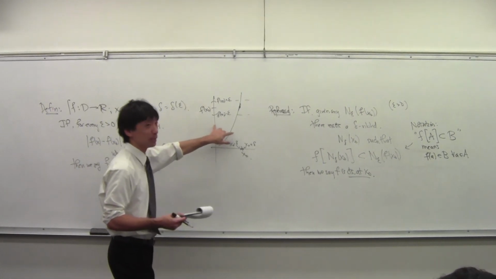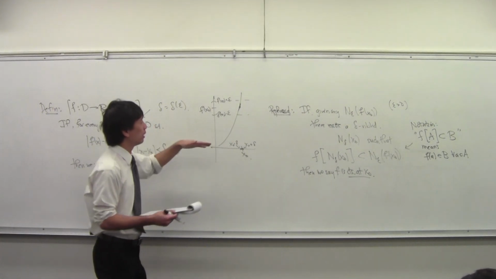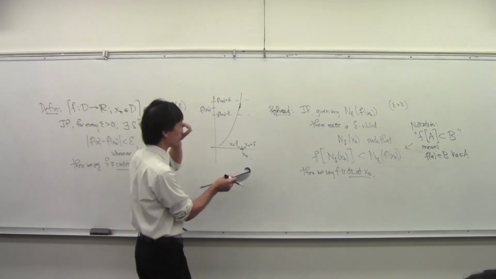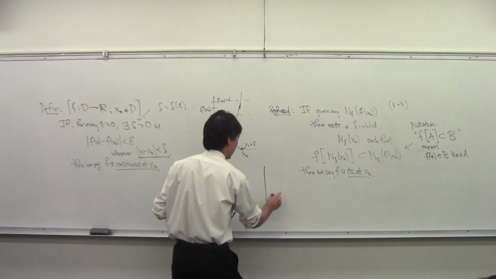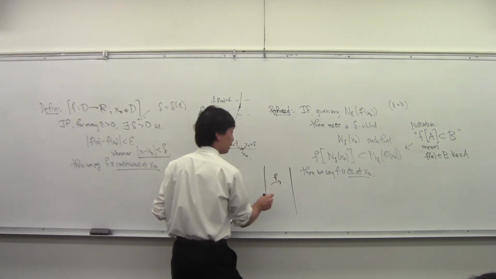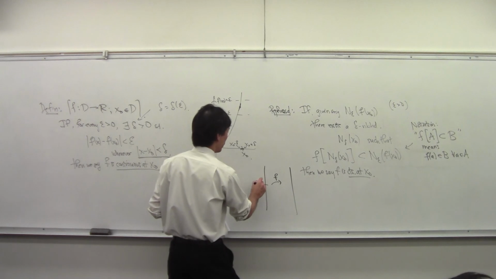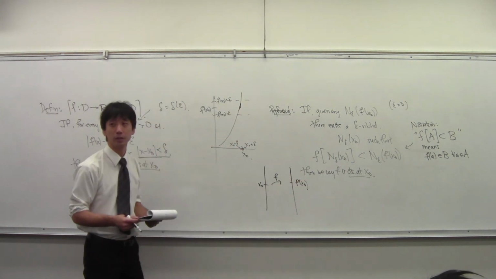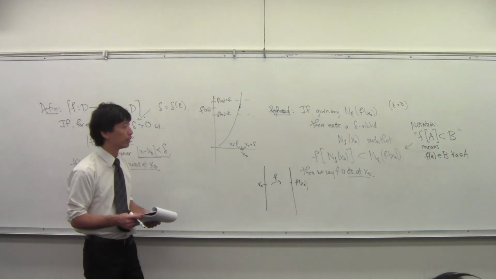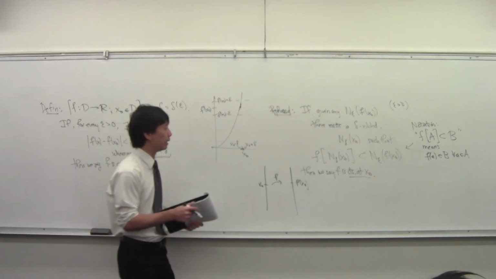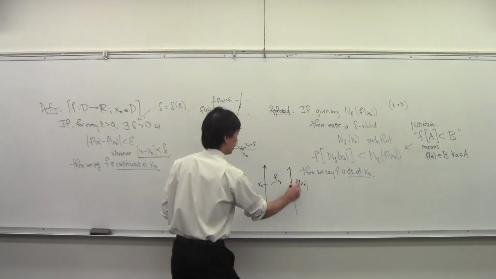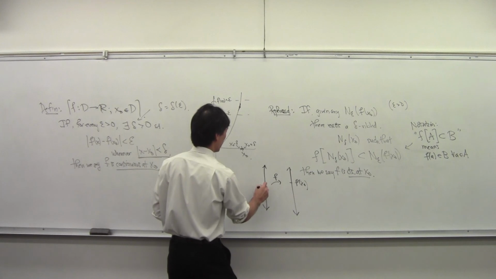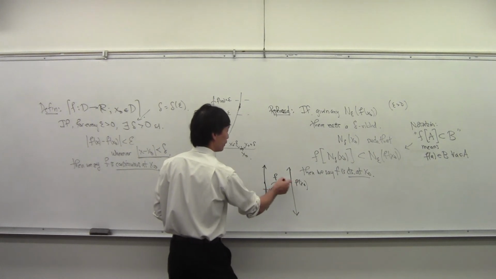So this definition is basically like, let's not think of this as a graph, but let's think of this as a map. You've got your x naught somewhere, you've got your f of x naught somewhere.